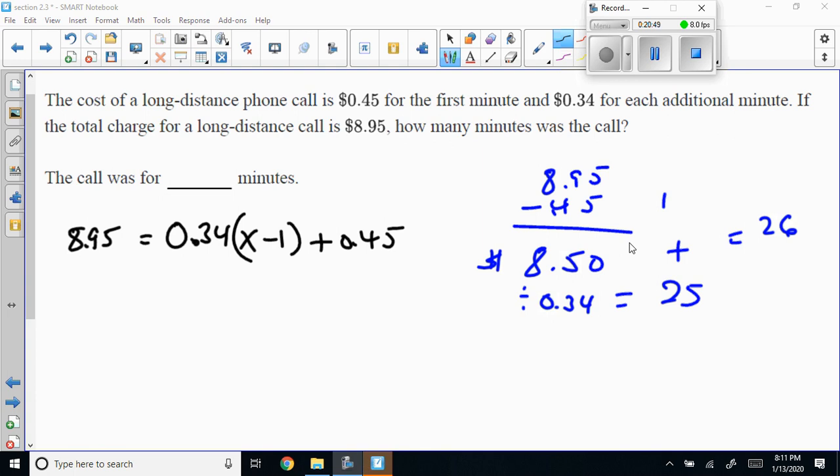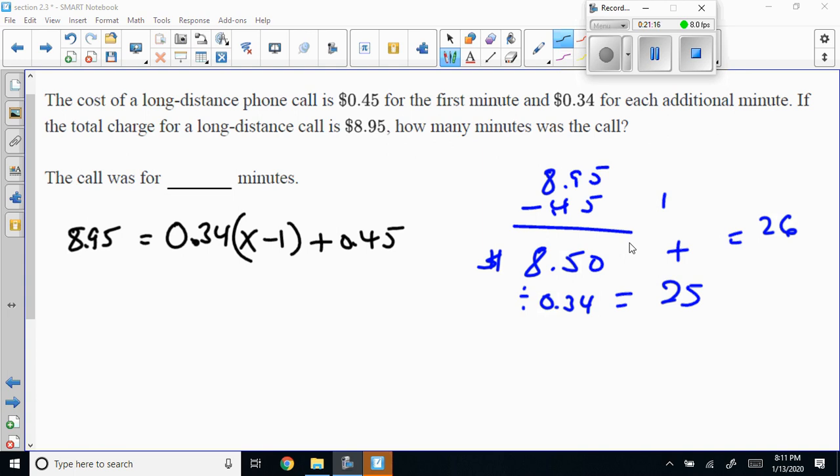And here's why I use x minus 1. Guys, if it's 1 minute, 1 goes in for x, right? Correct? So 1 minus 1 is what? 0 times 0.34 is what? 0 plus what? So if you talk for 1 minute, how much is your cost?